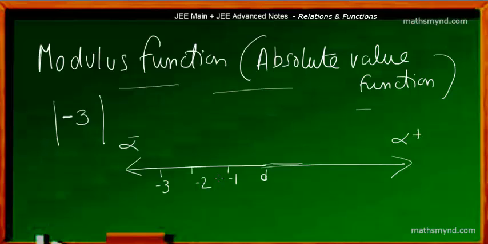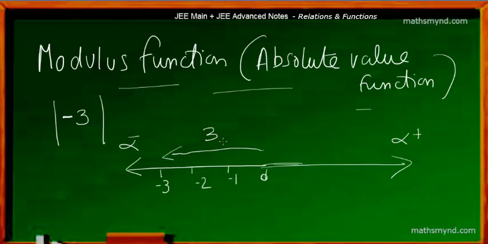So what's the distance between 0 and -3? You'd easily say that it's -3, but what is the actual distance? If you look without the signs, you can see that the actual distance between these 2 points, 0 and -3, is just 3.